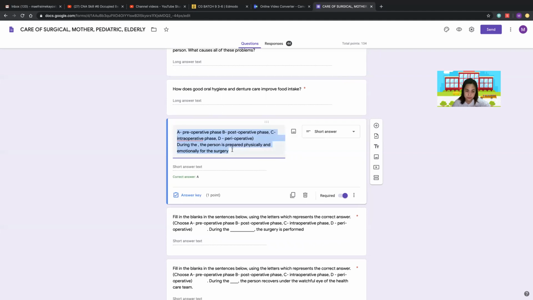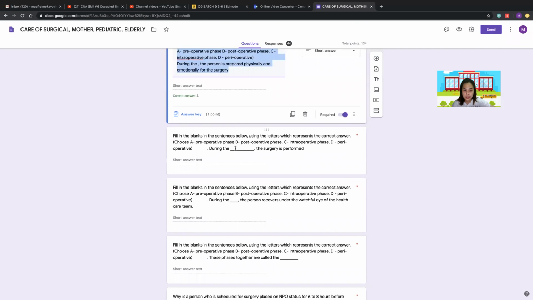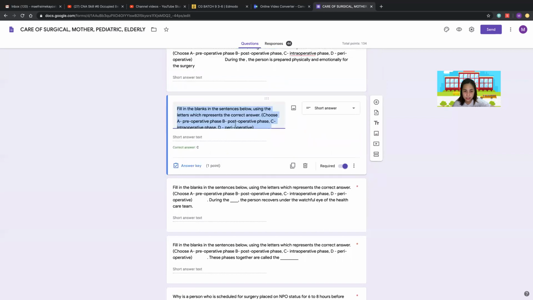So the question is, during the blank, the person is prepared physically and emotionally for the surgery. So the answer is preoperative. The patient cannot be prepared after operation because they should be prepared before operation, so they will not have anxiety. Then, during the blank, the surgery is performed. So it will be intraoperative.